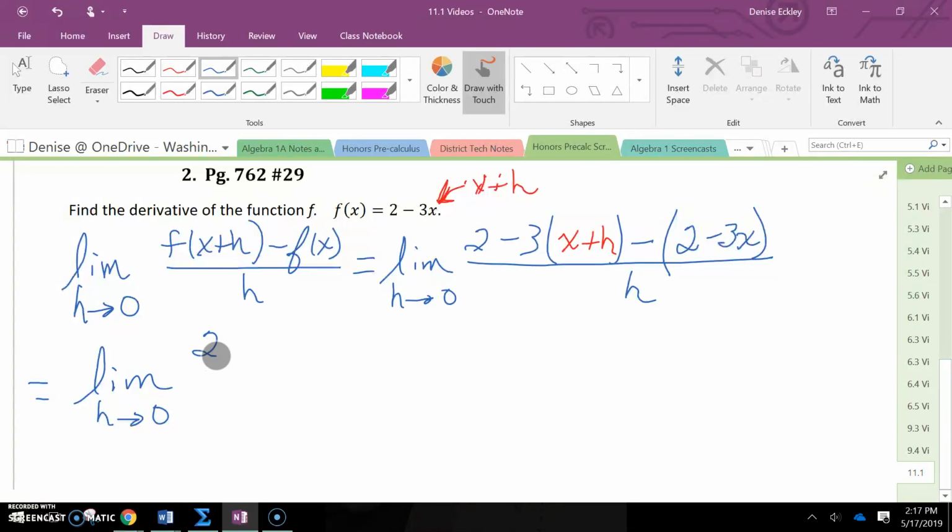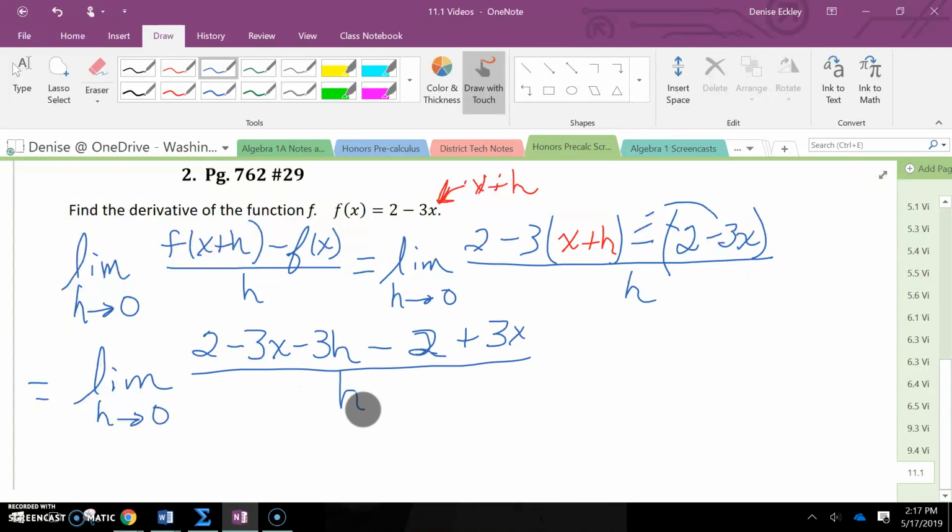So we're going to have 2 minus, I'm going to distribute the 3, so 3x minus 3h, and then I'm going to distribute the negative sign, and I get minus 2 plus 3x, and that's all over h.